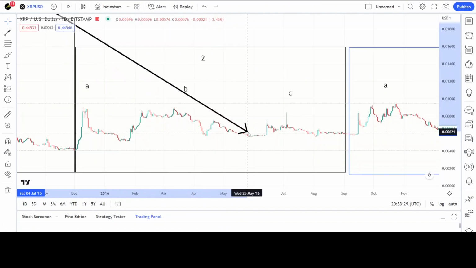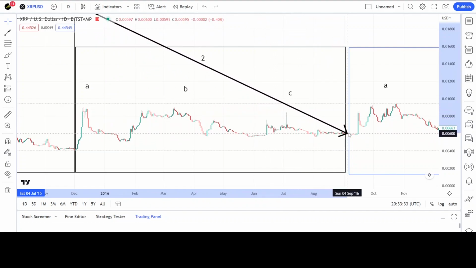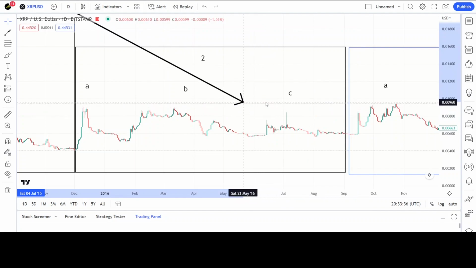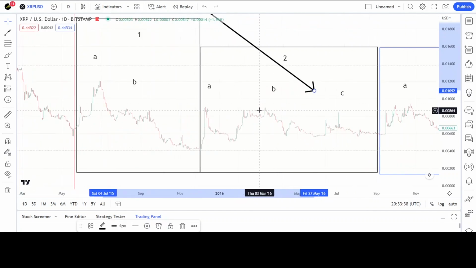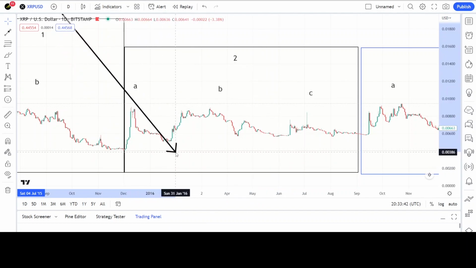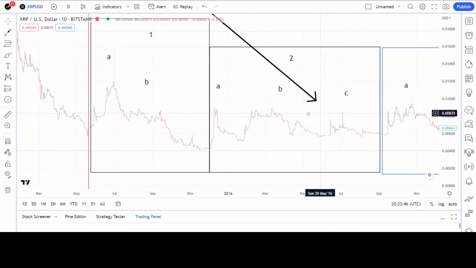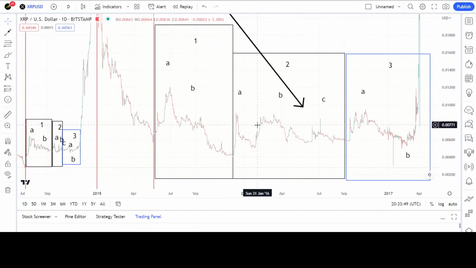So at the end of part B, we have part C, where it moves back up and kind of declines before moving back up into part A of the third fractal. So once again, we have the 3 parts to this fractal, 1, 2, and 3. Let's continue to move on and see what the next one looks like.